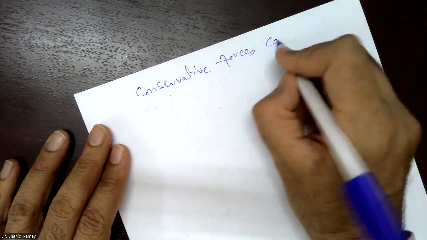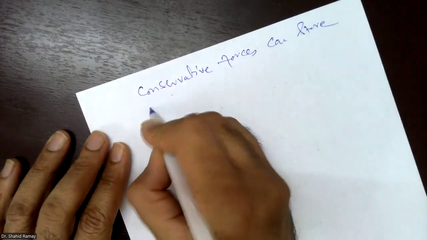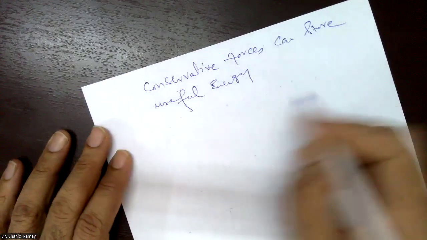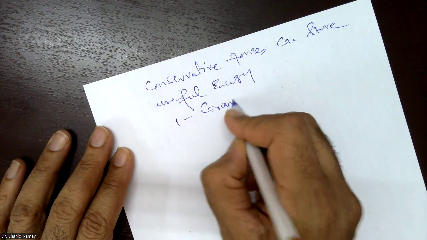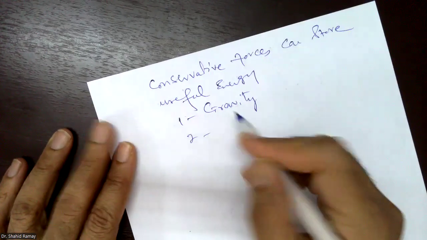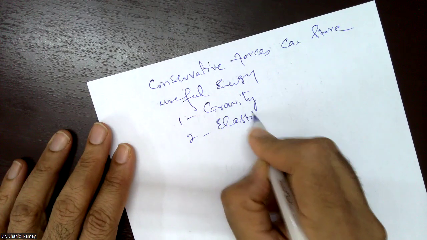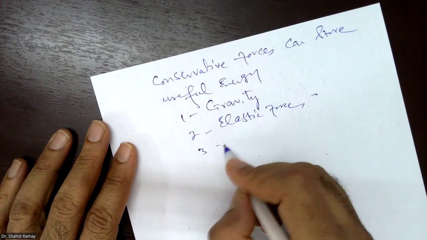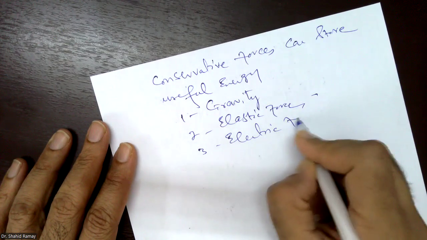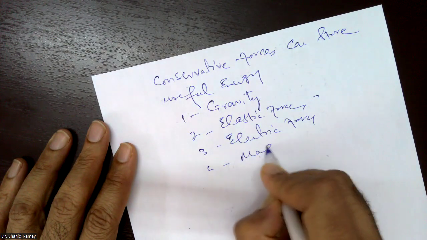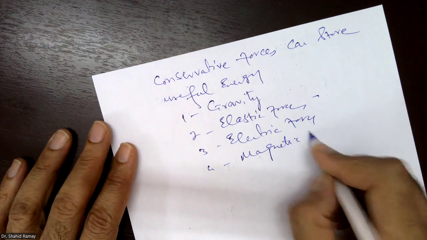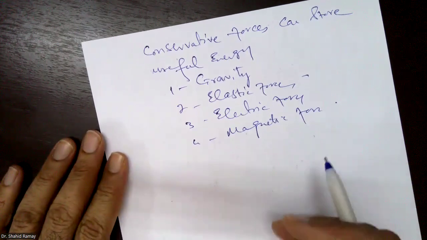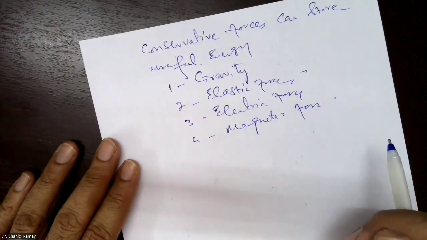The examples given are gravity and elastic forces. These are conservative forces. Also, we have electric forces, like due to charges, and magnetic forces due to magnetic poles. All these forces are also conservative because we can use them for useful energy.